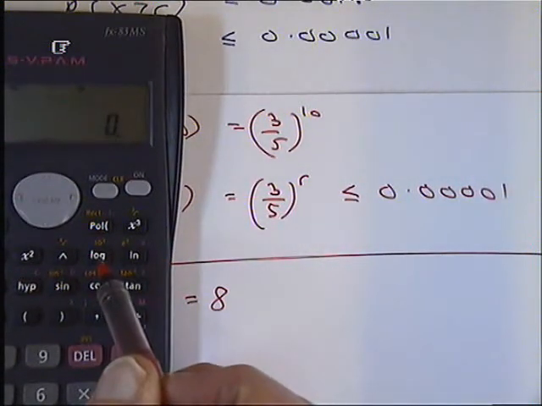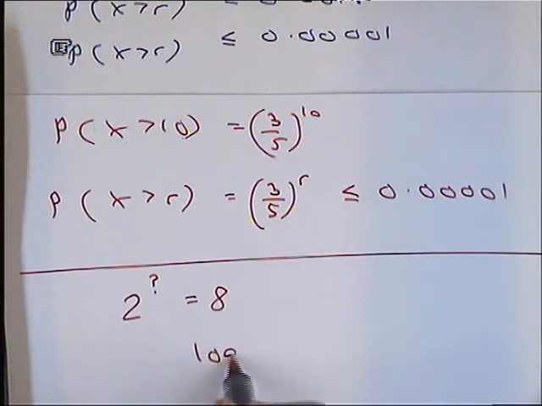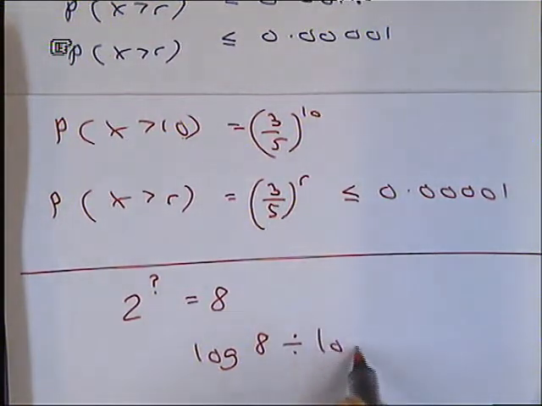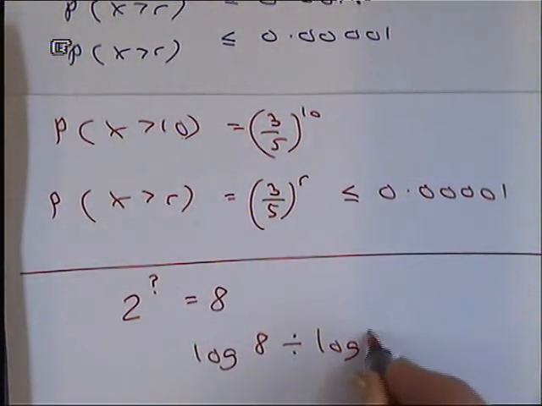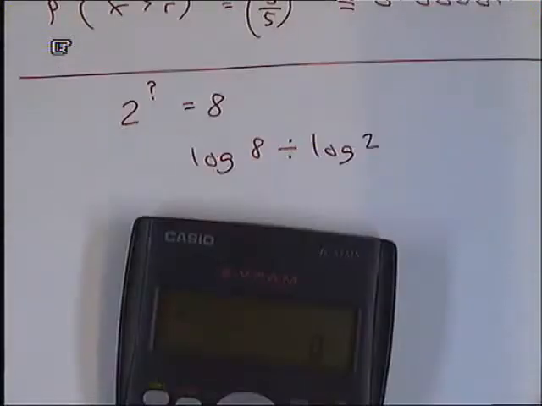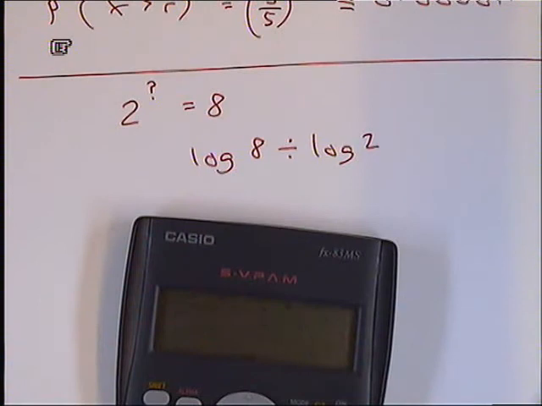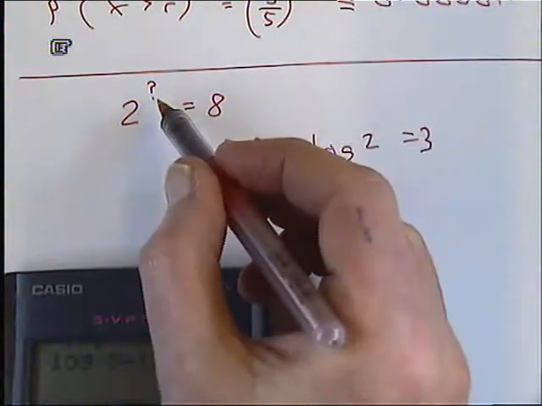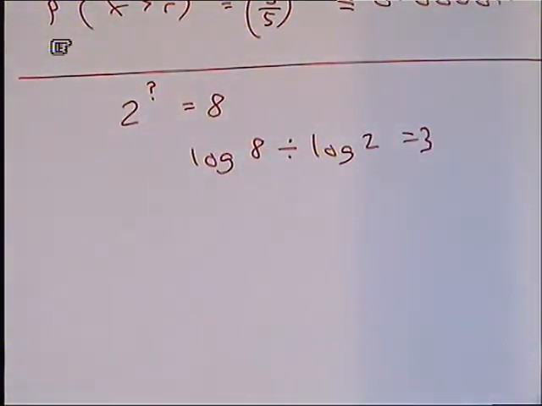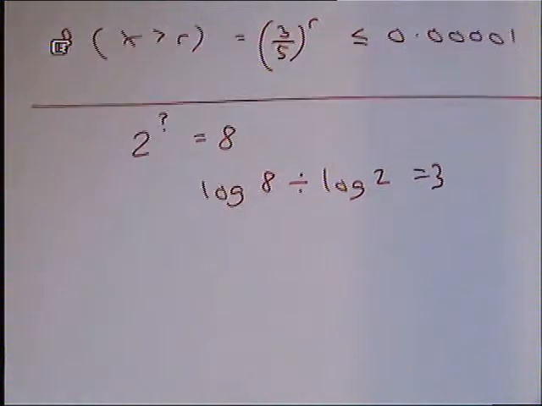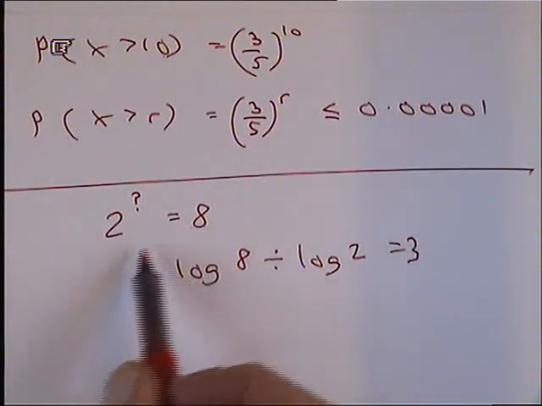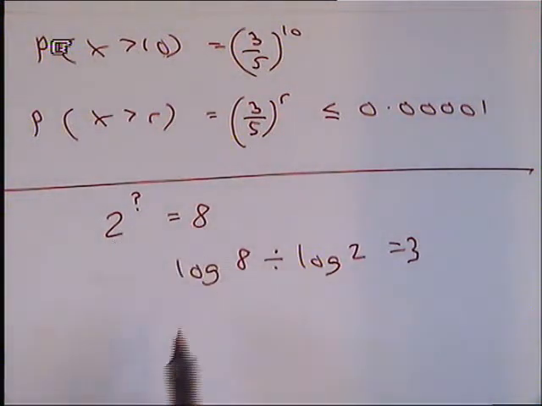If you do log of the number that's on its own, and divide that by log of the other number, log 8 divided by log 2, I get the answer of 3. And that is this mystery number here. That's how you can find a missing power, by using logs. So if I had 2 to the power of something equals 8, I'd do log of that divided by log of that.